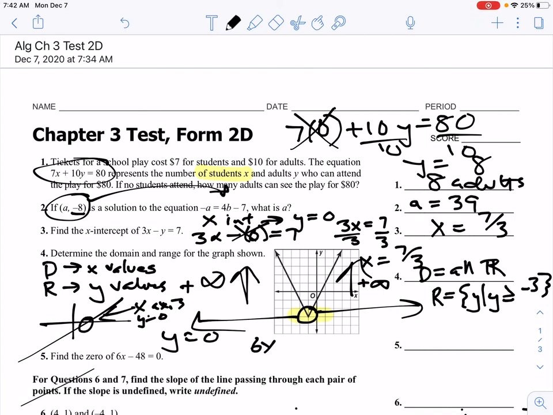So all you have to do for this thing is just solve it for x. Because that's basically what you're doing, you zero out your y and then you solve it for x. Well, our y is essentially already zeroed out. So let's just solve for x. Let's add 48 to both sides. You get 6x equals 48. Pardon me going through this other writing here. Divide each side by 6, and then you get x is equal to 8.